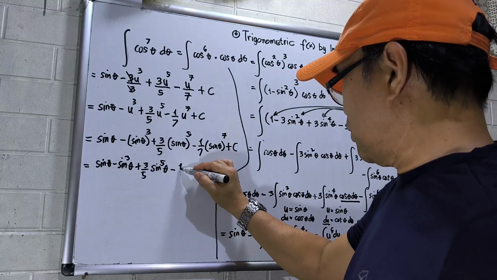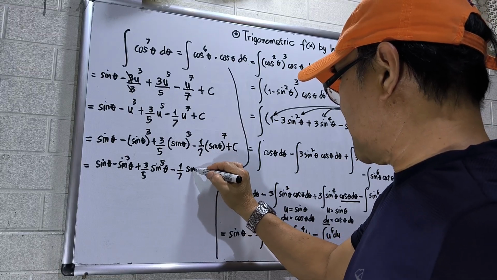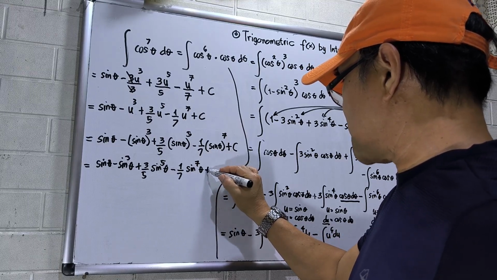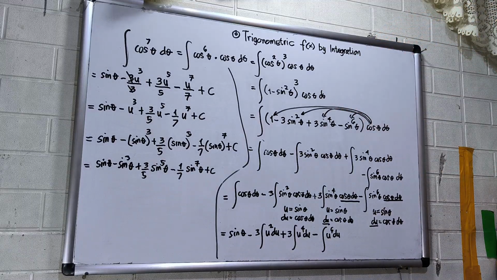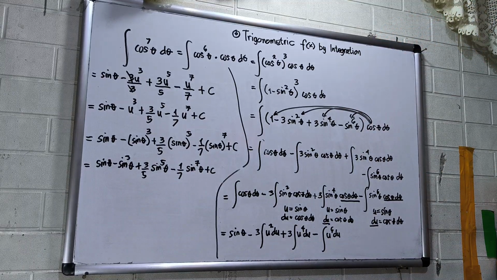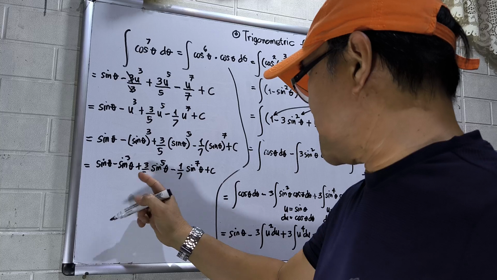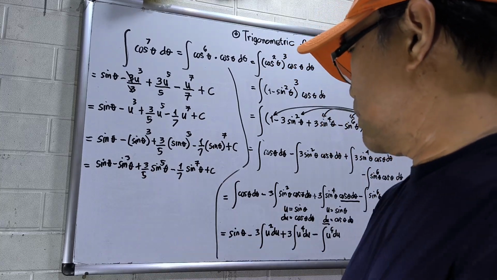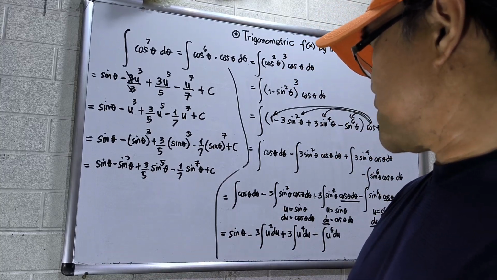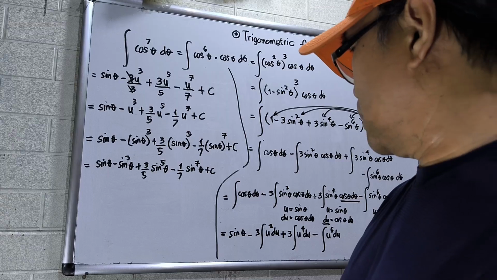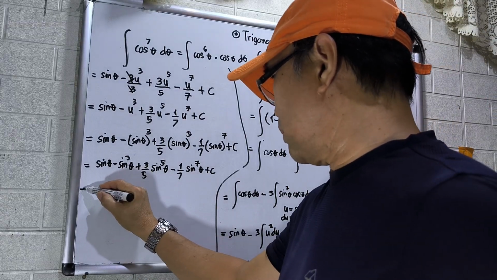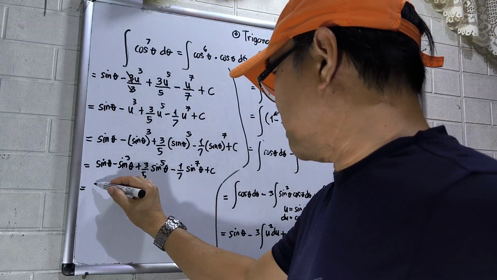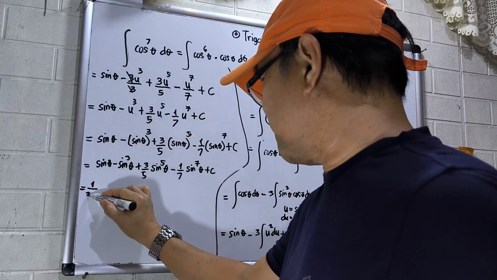Then minus 1 over 7 sine 7 theta plus c. Then I will factor out. Meaning there is a common sine, sine, sine, and this one also. So I will multiply, so this will be 1 over 35.